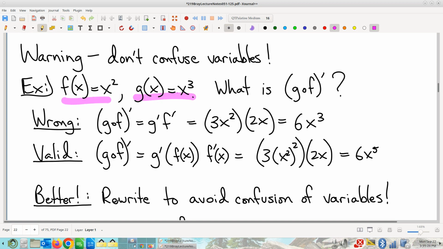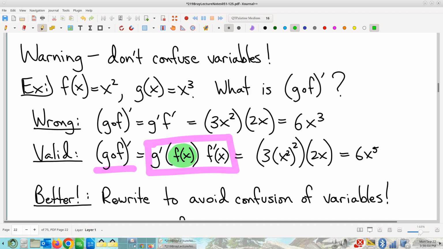Here's a couple of single variable functions. We're allowed to compose functions, and we're allowed to ask what the derivative is. And here's two different calculations. I'm not going to go through the details of the calculations because it's hopefully clear what went wrong in the first calculation and what was better in the second calculation. In particular, when you do a derivative of a composition, you've got to remember that the second function's derivative is evaluated not at x, but at f of x, right?